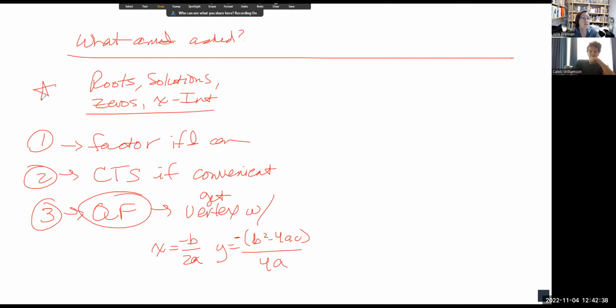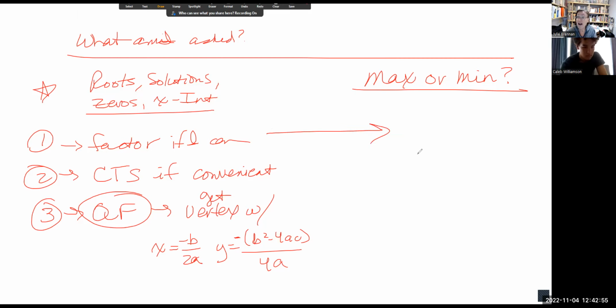So that's if you're doing root solutions. Now, if you're asked for a max or a min, again, you're looking for the vertex. So what's the best way to get the vertex? Believe it or not, if you could factor, the line of symmetry is going to be right in the middle. Sometimes you could figure that out, but it is going to be negative b over 2a and then plug in.